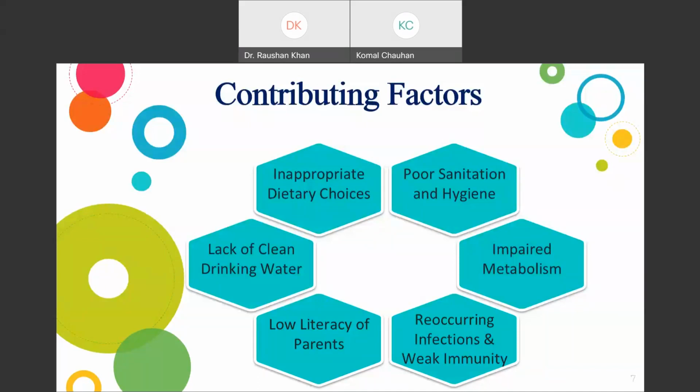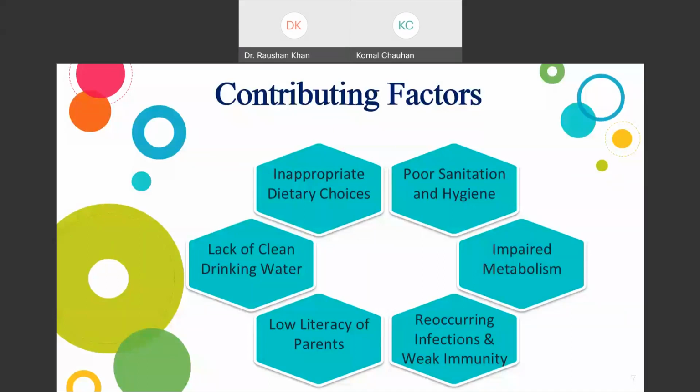Then again, lack of clean drinking water can lead to infections, which can lead to diseases and ultimately to malnutrition. Low literacy of parents, because the knowledge of parents regarding what to feed a growing child is very much requisite, and such things can also contribute indirectly to malnutrition. Then recurring infections and weak immunity.